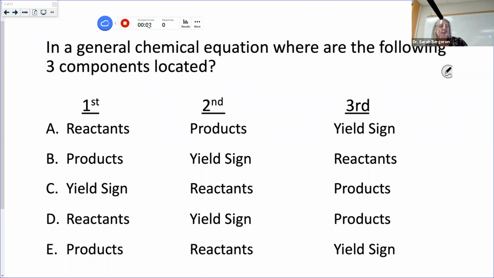So we want a general chemical equation, and tell me 1, 2, 3. Remember, you get 1 minute.